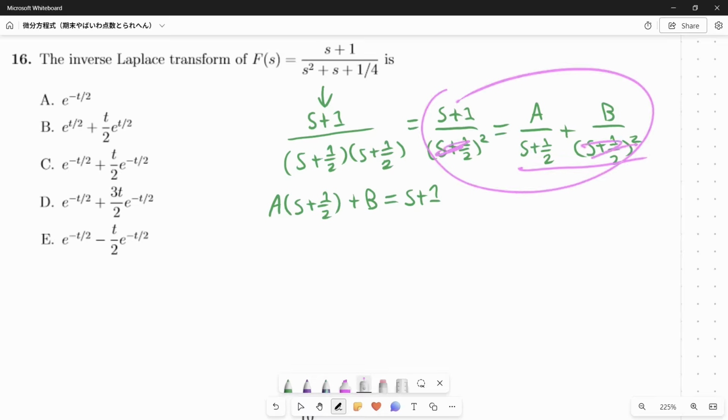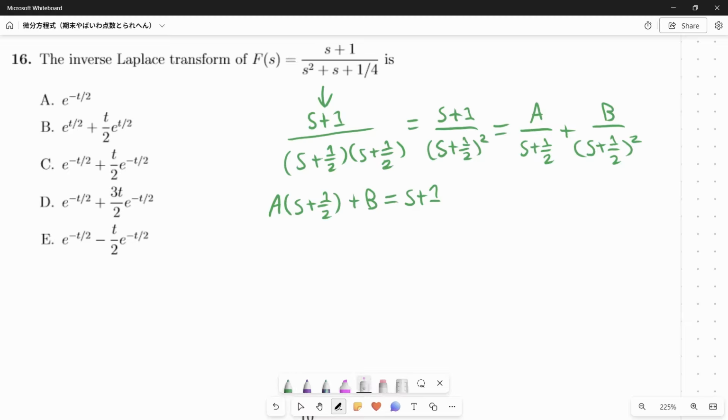And so now, there's one of two ways you can start to find A and B from here. If you remember anything from how to do a partial fraction decomposition, you can set up a test value for s that allows you to cancel out one of your letters, so you can solve for a single letter.